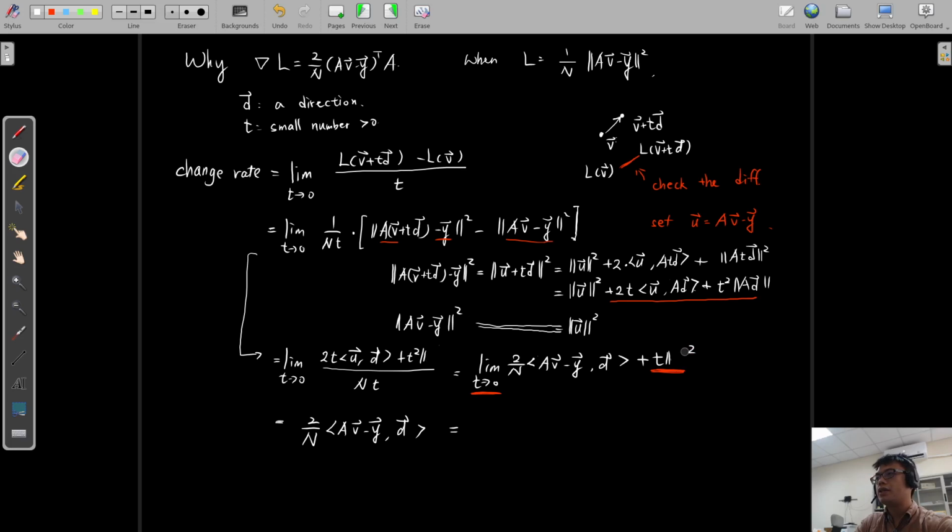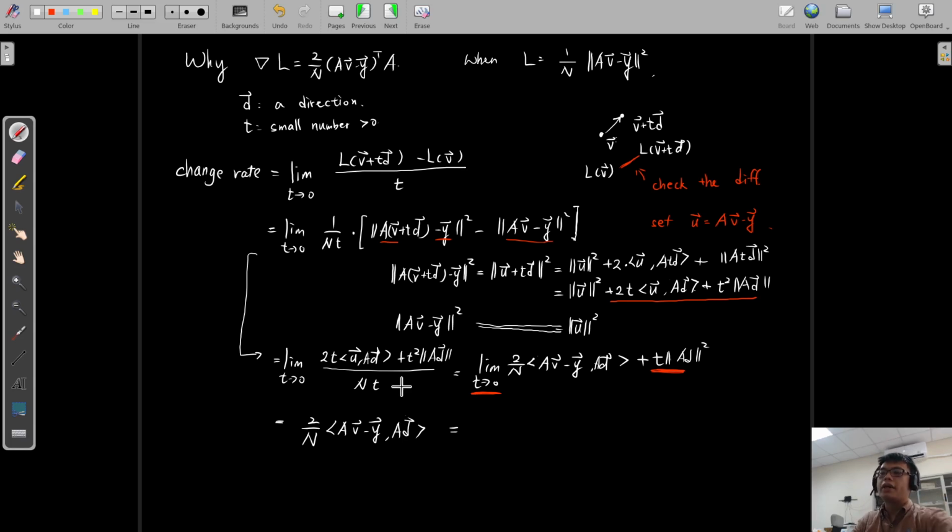So it actually doesn't change things, it is changing the part here only, Ad. Did I miss any part? Okay, so it is Ad here.